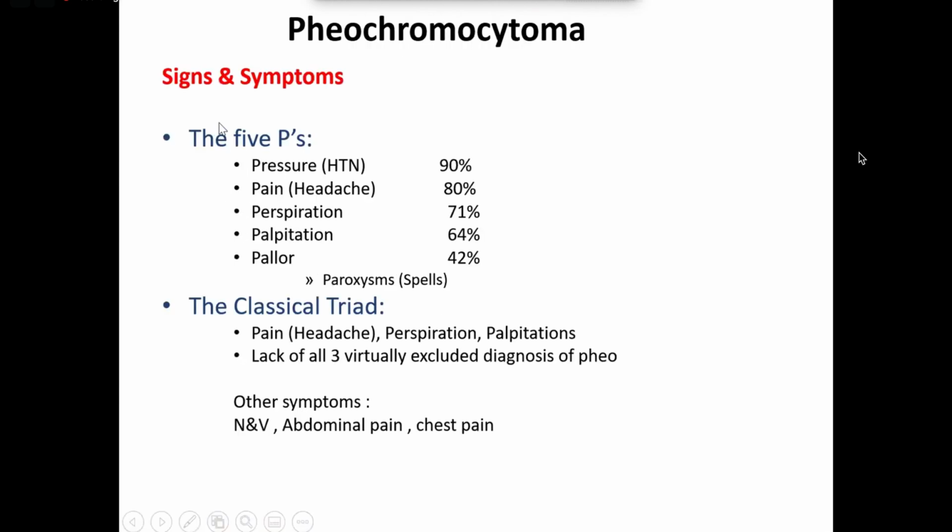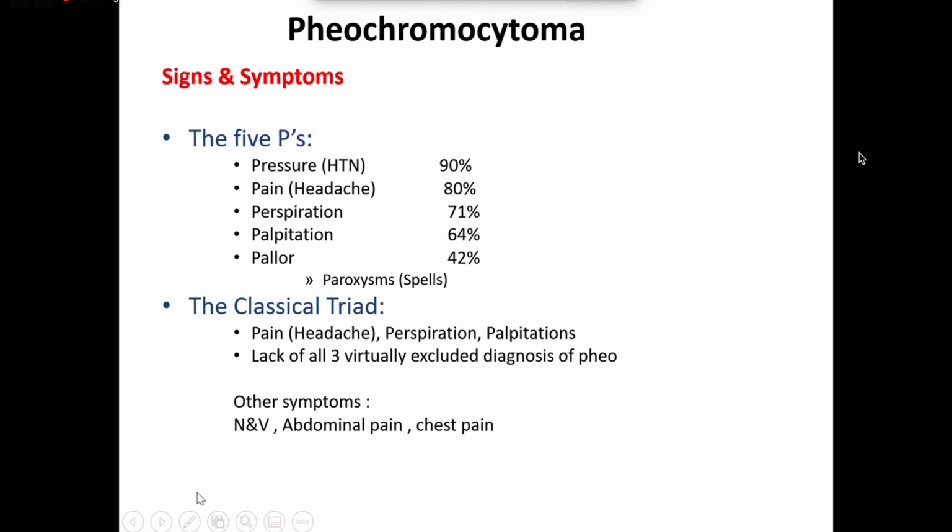So the usual symptoms start with hypertension, headache, sweating, palpitation, or pallor, and usually it comes as paroxysms. The classical triad of pheochromocytoma: headache, sweating, palpitation. So lack of all those signs virtually excludes the diagnosis of pheo.